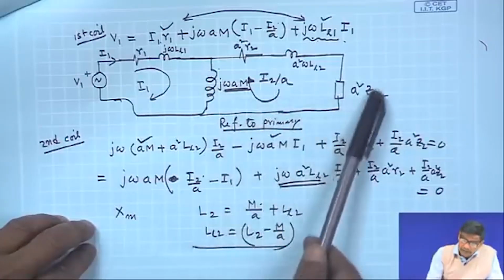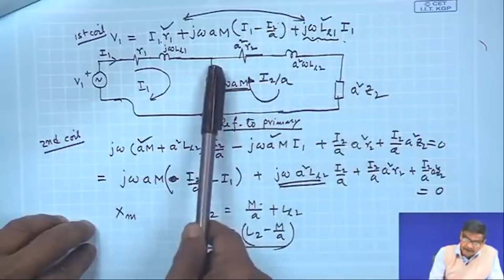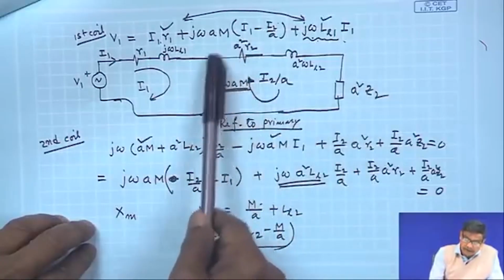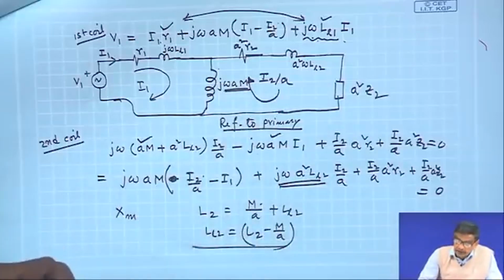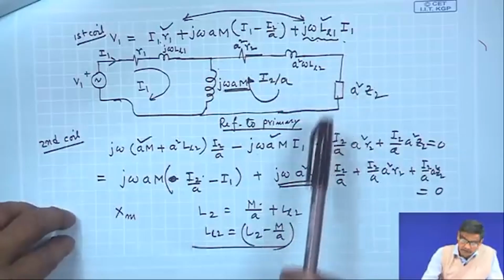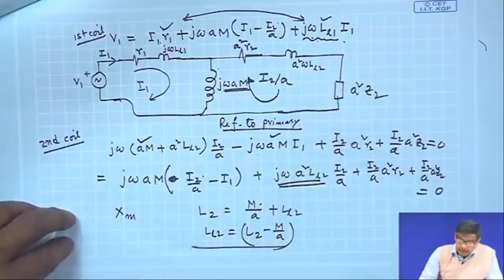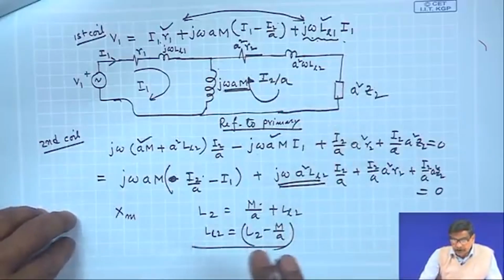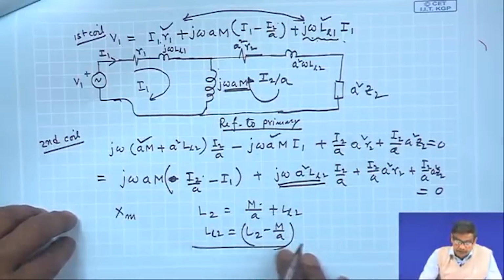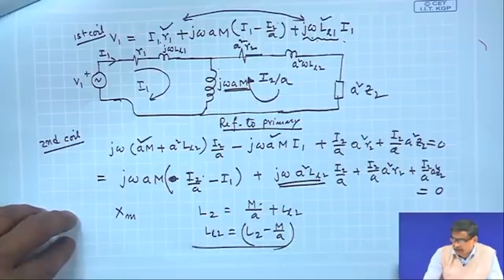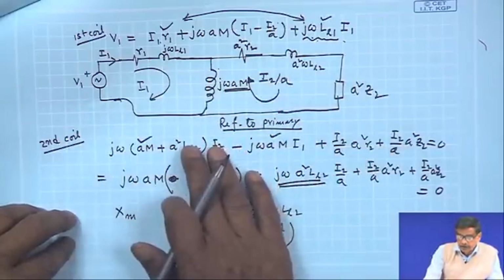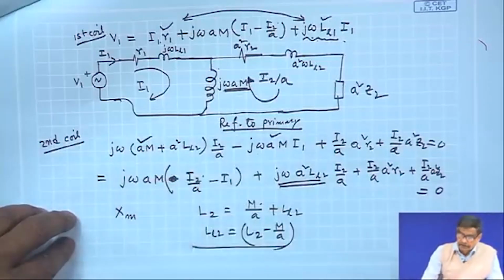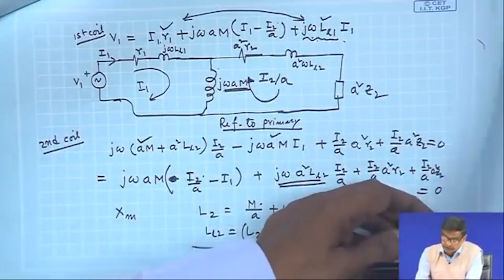And all the impedances on the secondary side are reflected as a square into R2, a square into omega L2, and so on, a square into Z2. I will ask you to find the equivalent circuit of the transformer referred to the secondary side. I leave it as an exercise to you, how this equivalent circuit will look if I want to draw it with respect to side 2.